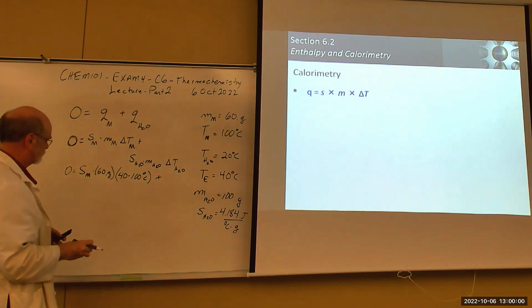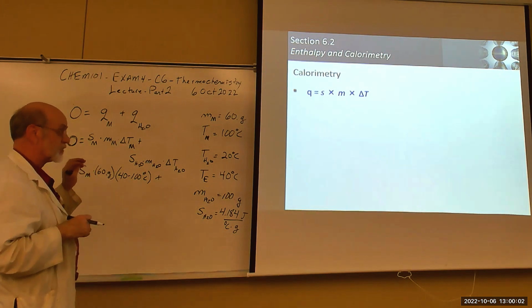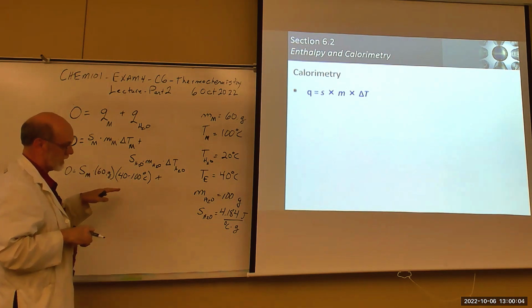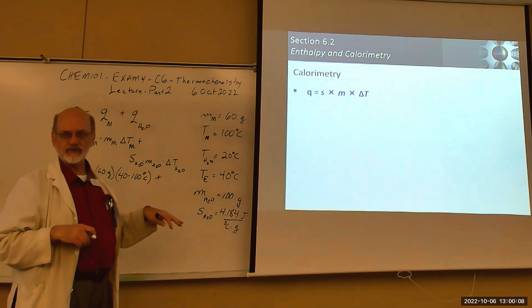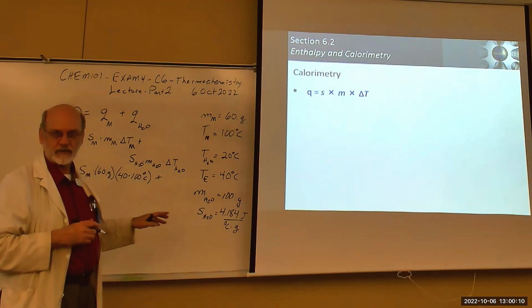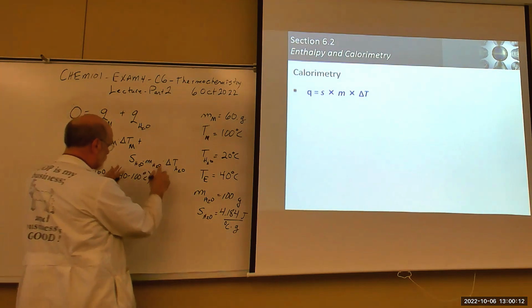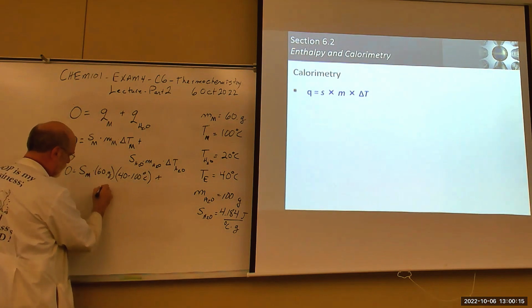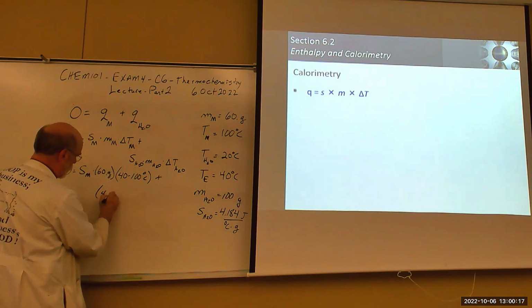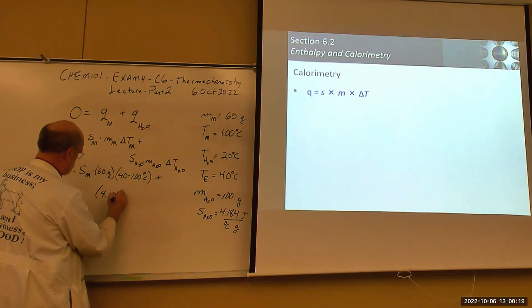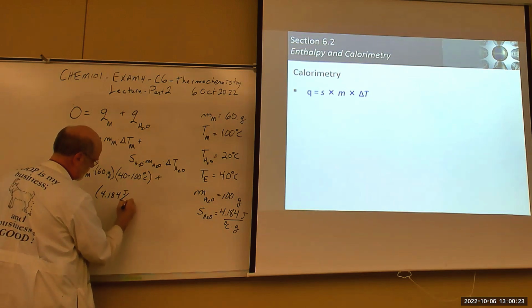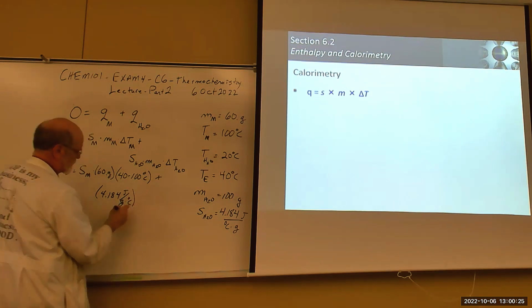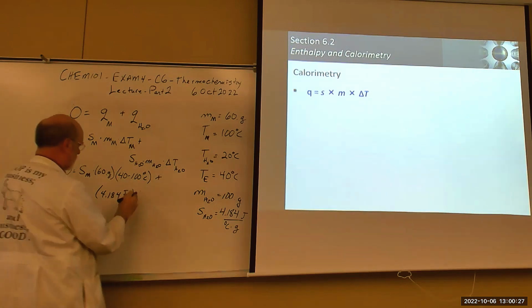Okay. And we do have to be careful about our units of measure. Sometimes they'll slide a kilojoule in there, so watch out for those. All right, so in this case, the water then is going to be 4.184 joules per gram degree C. Like that's usually the way it's written.